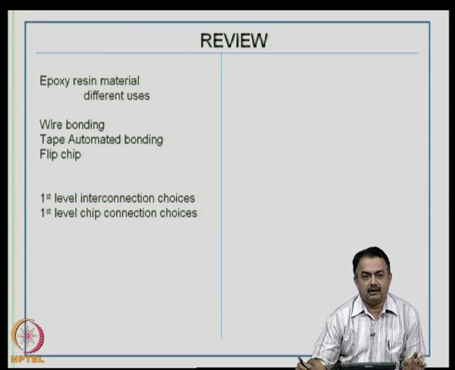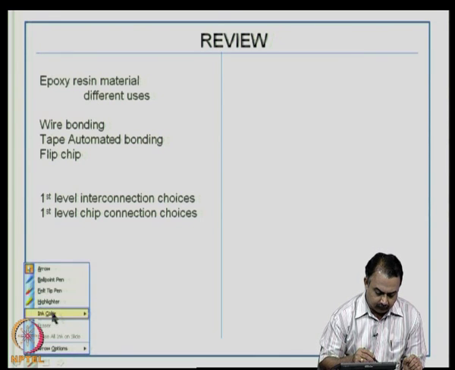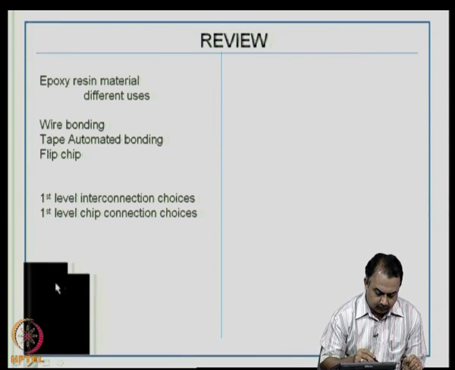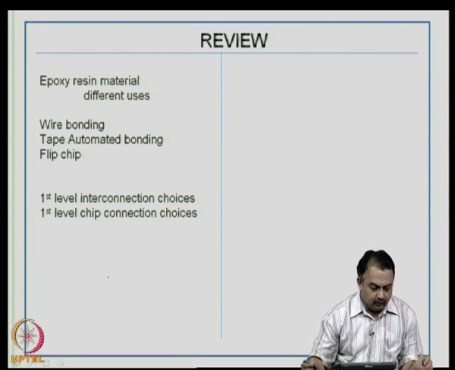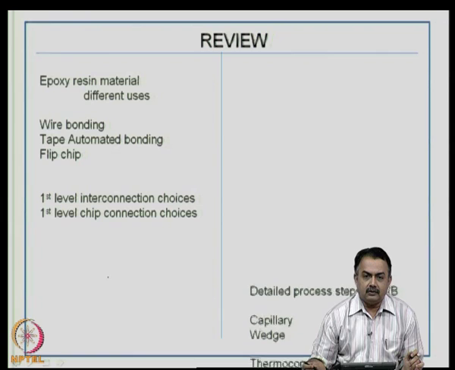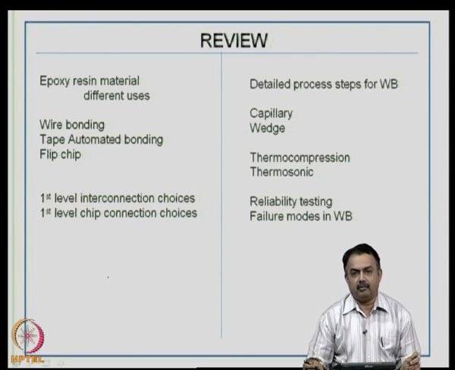So, basically there are three chip connection choices, which is wire bonding, tape automated bonding, and flip chip. We also saw in the last class detailed process steps for wire bonding.